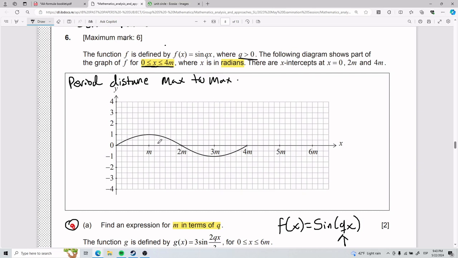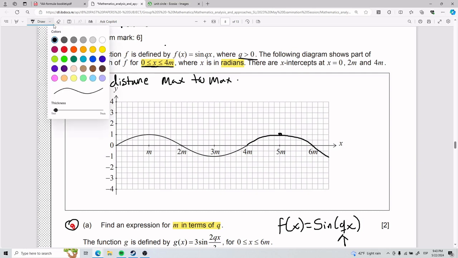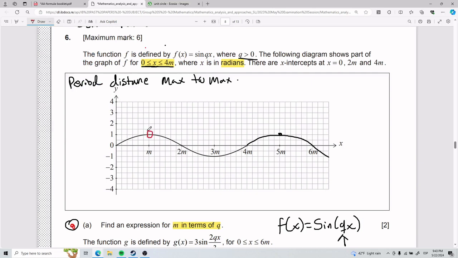And so from max to max, well, if I were to keep graphing this, following the pattern that I see, I would need to have a maximum over here, right? And then it would cross again over there, right? And so from max to max, it's from here to here, this is a period, right?